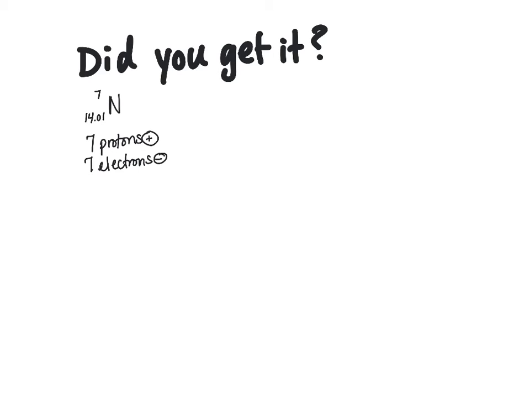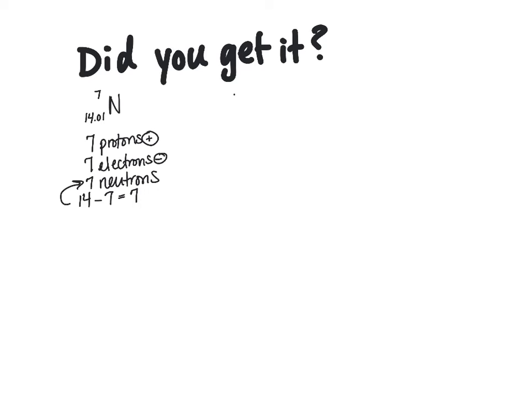It also means that nitrogen has 7 neutrons. And we got that number by taking 14, which is the atomic mass number, minus 7, which is the atomic number, in order to get that 7 for the number of neutrons.